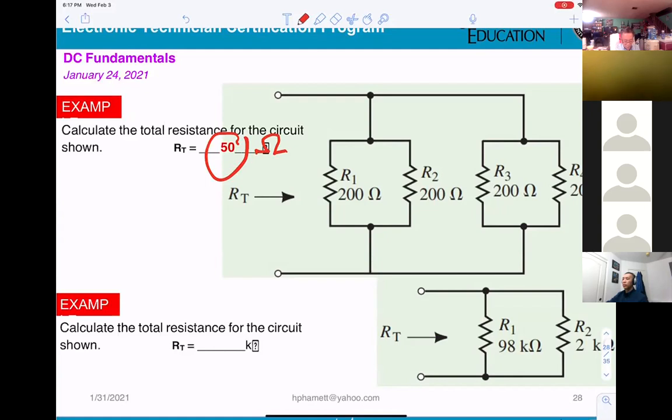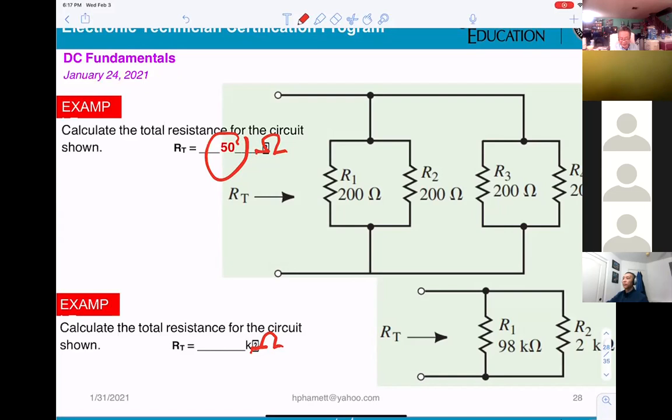Yeah, this is correct because 2 equal resistors in parallel is equal to half of the resistance of each individual resistor. So 200 plus 200 in parallel is 100. Right. And the other 200 plus 200 in parallel is 100. And 2 100 ohm resistors in parallel is 50. Yeah, perfect. You'll be a technician. In an interview, no big deal.